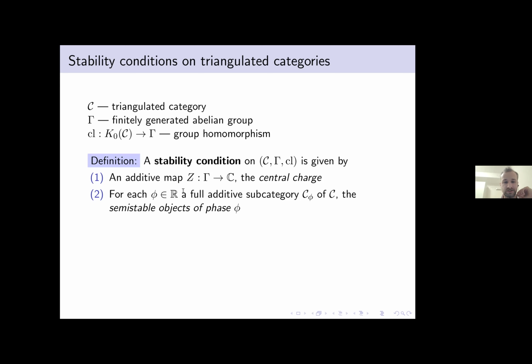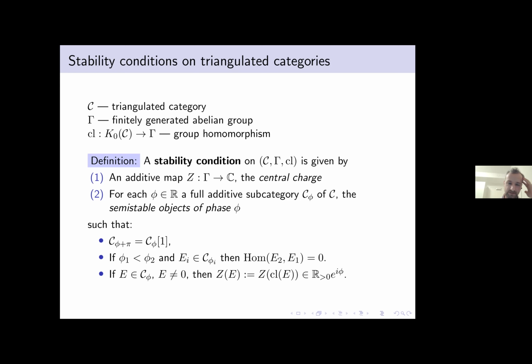This is usually trivial except for a countable set of phases, so it's not really data for uncountably many real numbers, just countably many. It's the zero subcategory for most real numbers. It should be a full additive subcategory, essentially a collection of objects closed under taking direct sums.